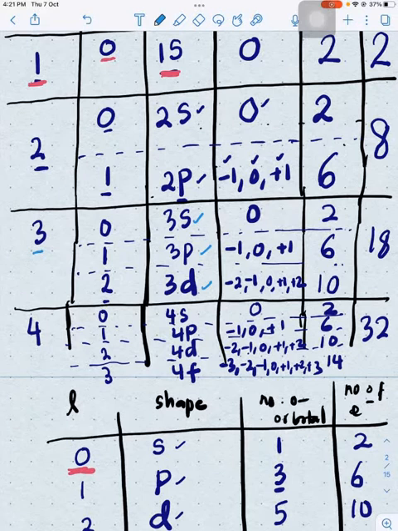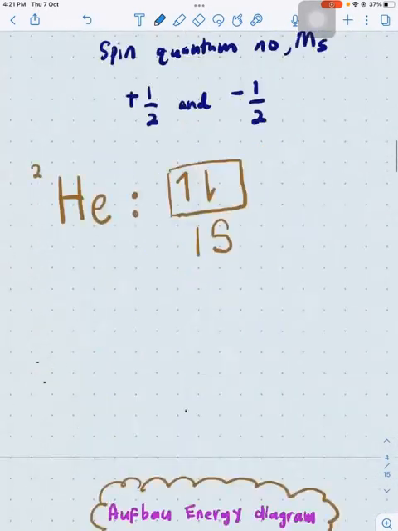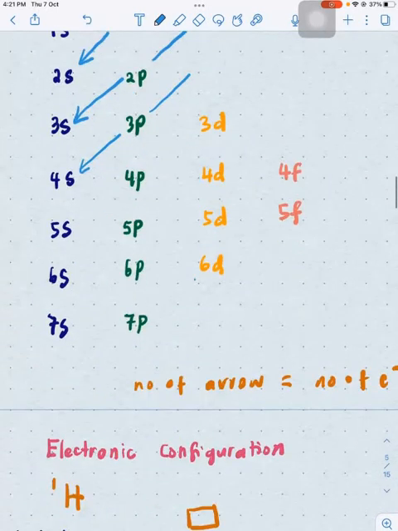Here you can have a look at this, we can see there are 1, 2, 3, so there are 3 values of ml showing that p has 3 orbitals. That's why the maximum number of electrons, the maximum number of arrows we can fill in the p orbital will be 6 arrows. So once the p orbital is full, we move on to the next one.